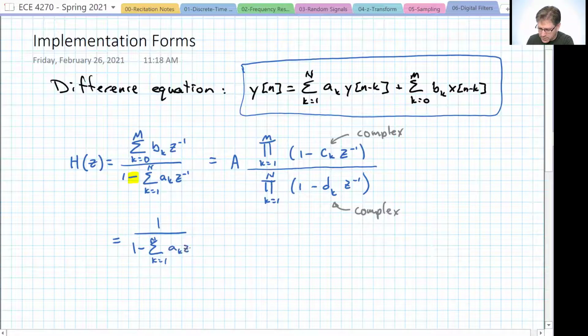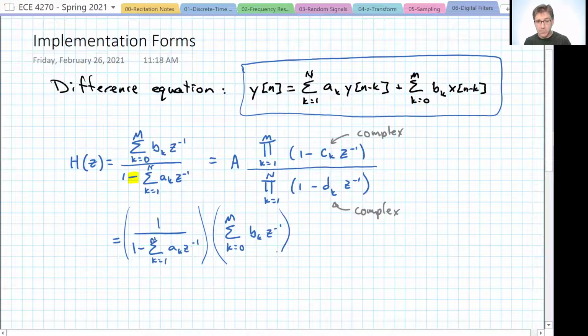1 over 1 minus the sum of a_k z to the minus 1, times the sum from k equals 0 to M of b_k z raised to the negative k power. In this case, we'll call this first term H_p(z), and this one H_z(z), for the poles and the zeros respectively.